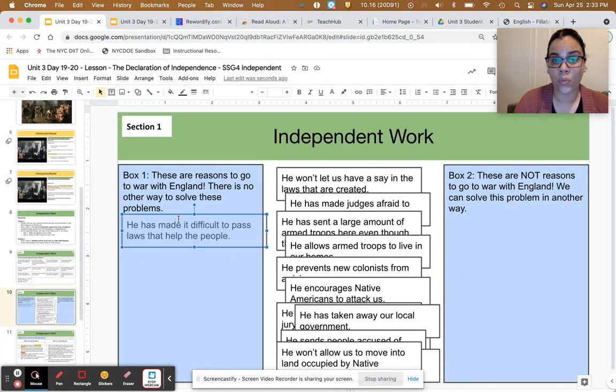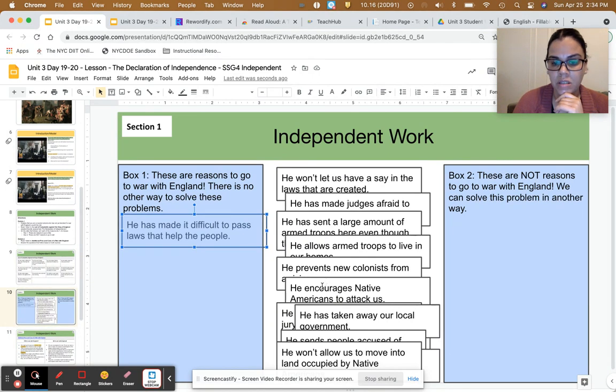He doesn't want the colonists to give their opinion on what laws should be in the 13 colonies. He doesn't even live in the 13 colonies and doesn't care, right? He doesn't want to help the people. So I think that's a good reason to go to war.